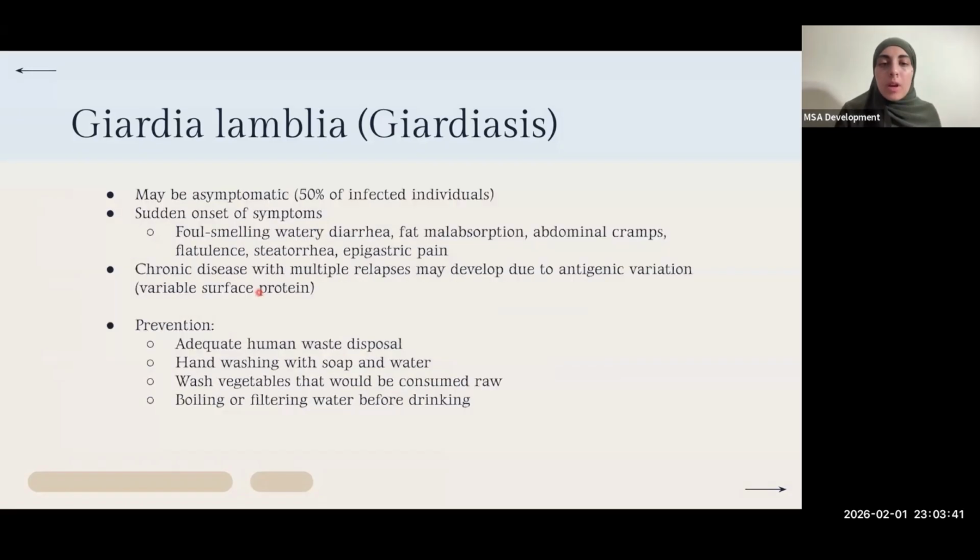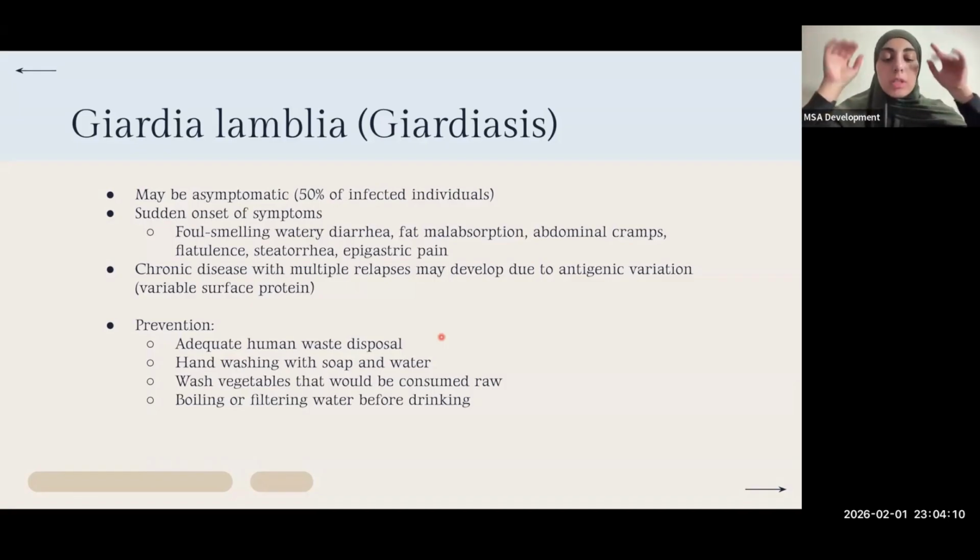So when someone has a Giardia infection, it may be asymptomatic or it may cause acute symptoms or chronic symptoms. The symptoms that these patients get are foul smelling watery diarrhea, fat malabsorption, abdominal cramps, flatulence, steatorrhea, epigastric pain.